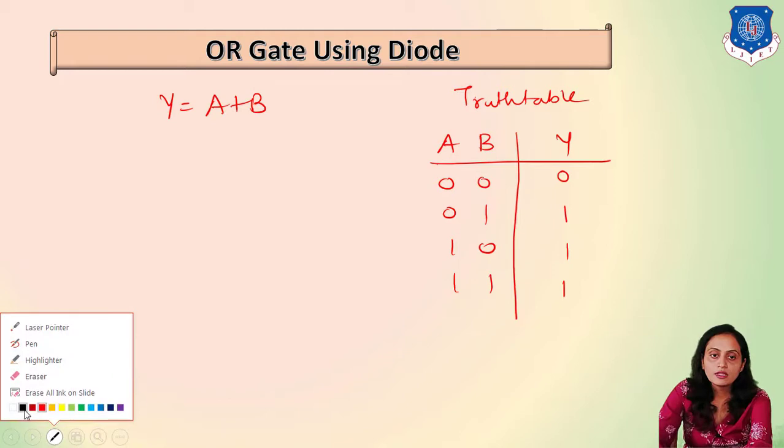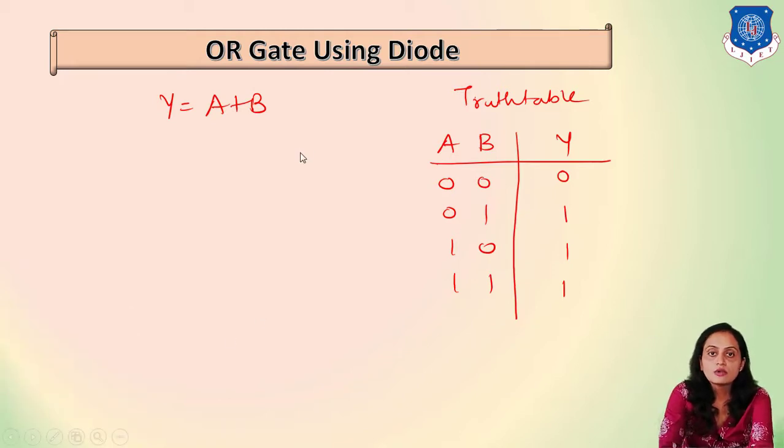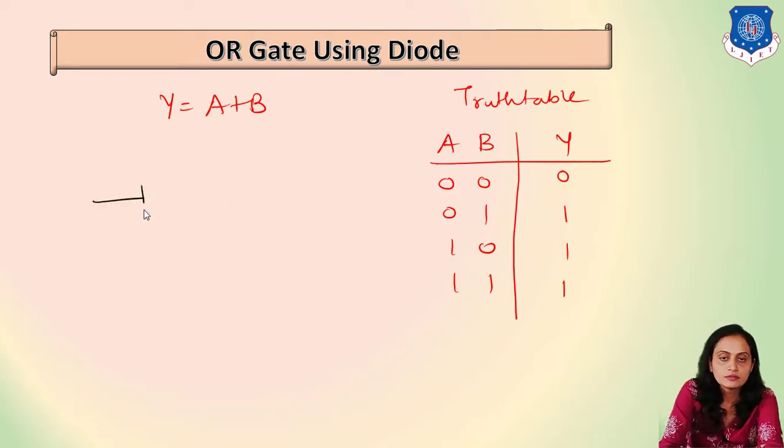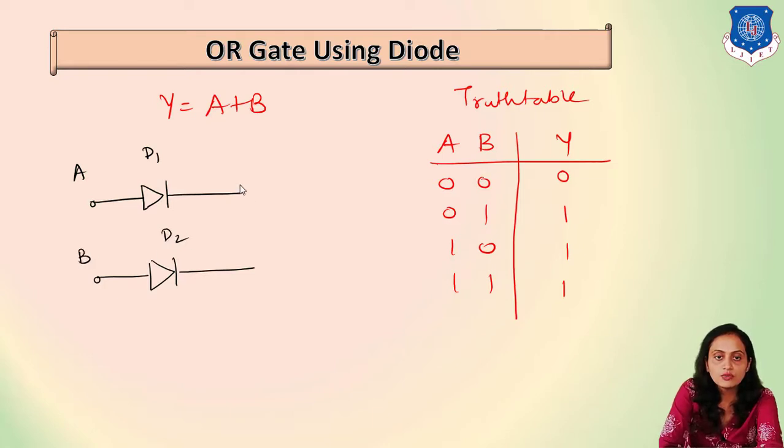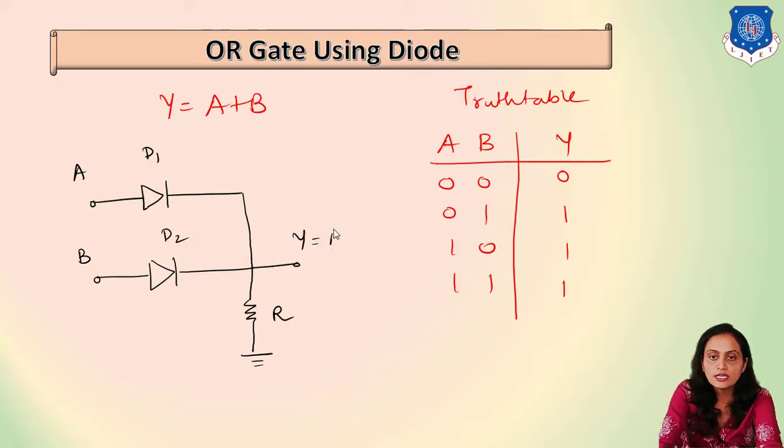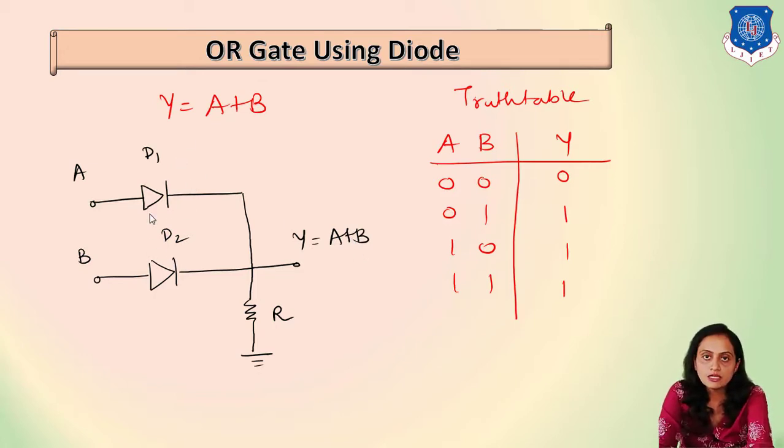So these are the outputs. Now we will see the circuit diagram of the OR gate using the diode. Let us take this diode as D1, and to D1 we are applying input A. One more diode we will take, that is D2, to which we are applying another input, that is B. We are connecting this resistor, and from here we are taking output, that is A plus B. Now we will see the functionality of this particular circuit.